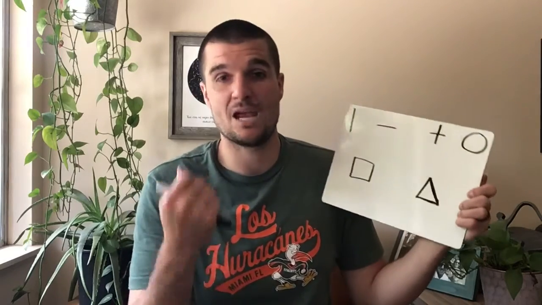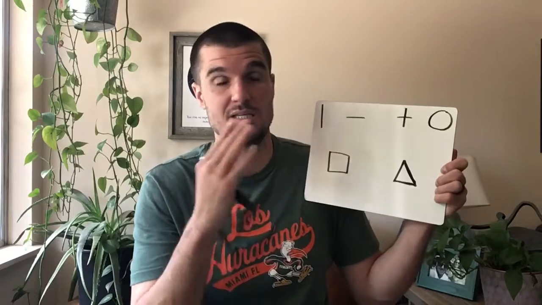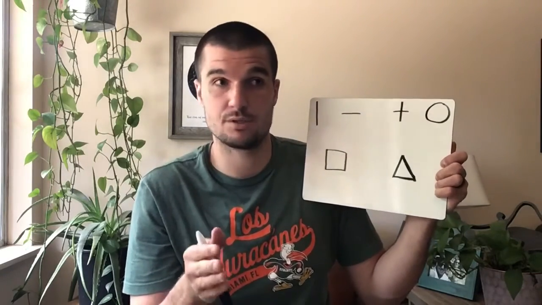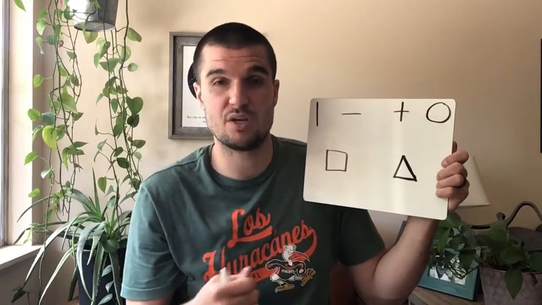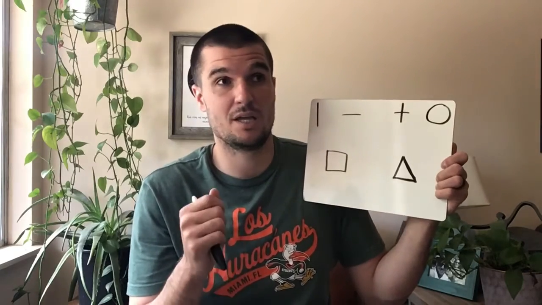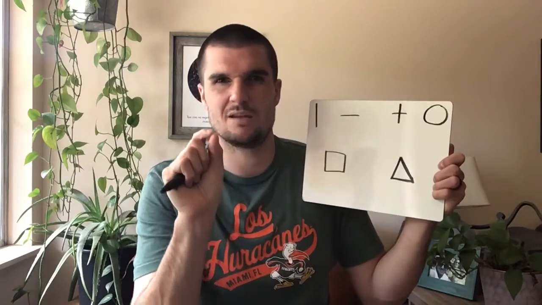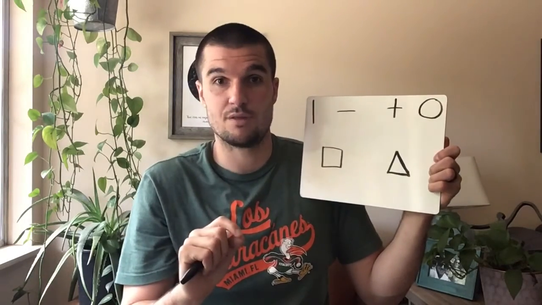We use the Handwriting Without Tears program as a systematic way to teach students to write capital letters. We start with capital letters because they're oftentimes easier than lowercase letters, because lowercase letters have a lot more intricate line orientations with each other. A few basic rules: in Handwriting Without Tears, all letters start at the top and go down.